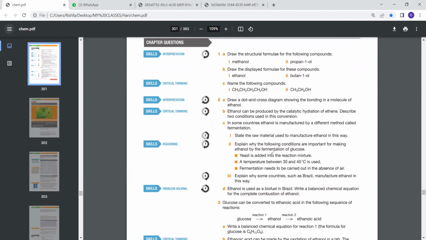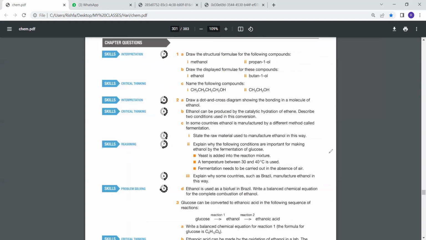Yeast is added into the reaction mixture. What's the reason? Yeast is added into the mixture, so it can ferment the mixture by digesting the glucose.